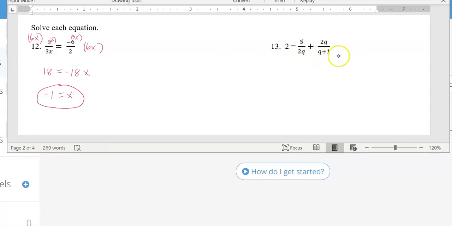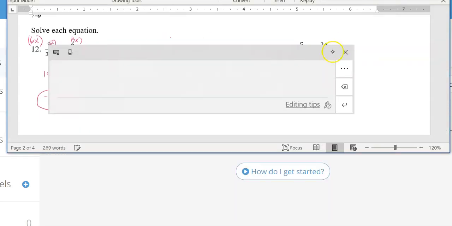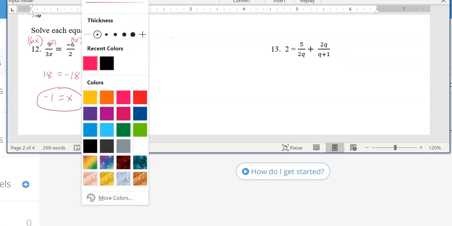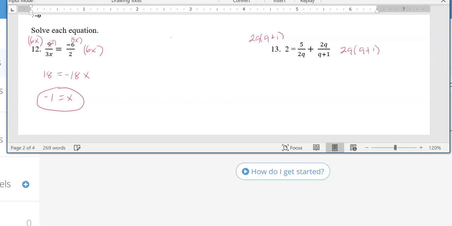Okay, same thing over here. I'm going to find the lowest common denominator, and that's going to be 2q times q plus 1. I'm going to multiply by that on both sides to clear out the denominators.